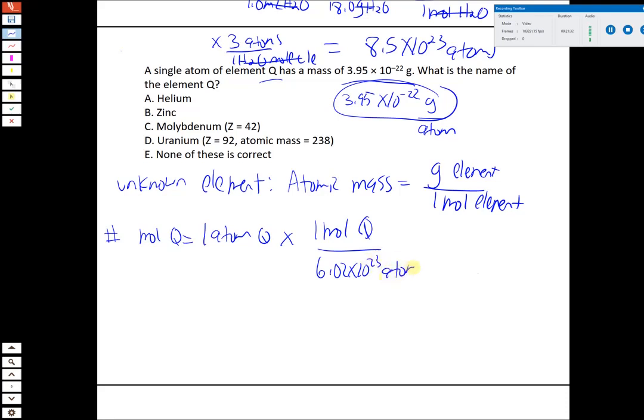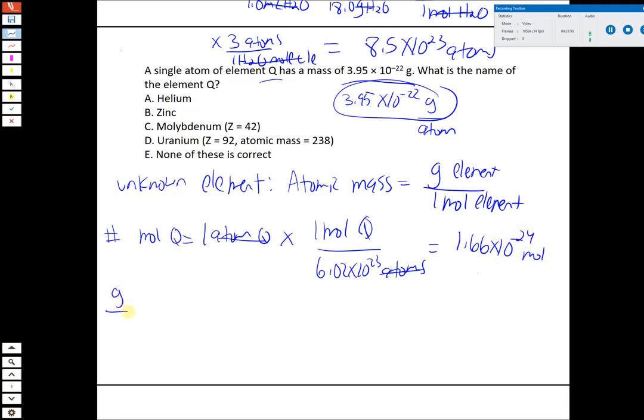So if we divide by Avogadro's number, that gives us how many moles of this element we have in 1 atom. So we just take the inverse or the reciprocal of Avogadro's number. So we have 1.66 times 10 to the minus 24 moles. And then we just divide the two.